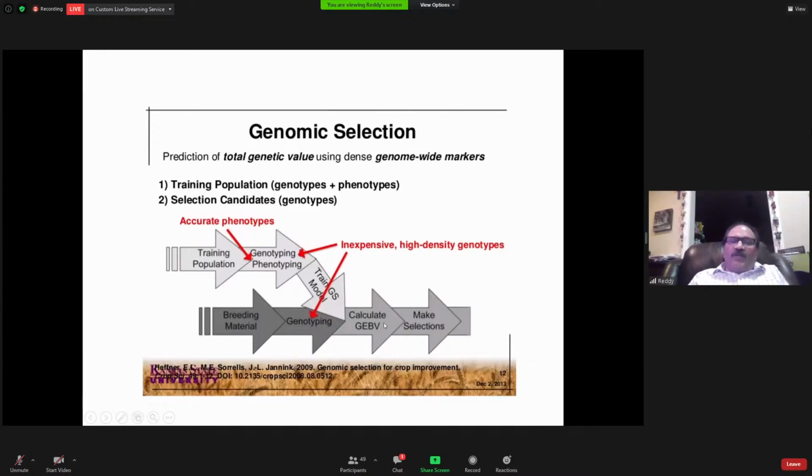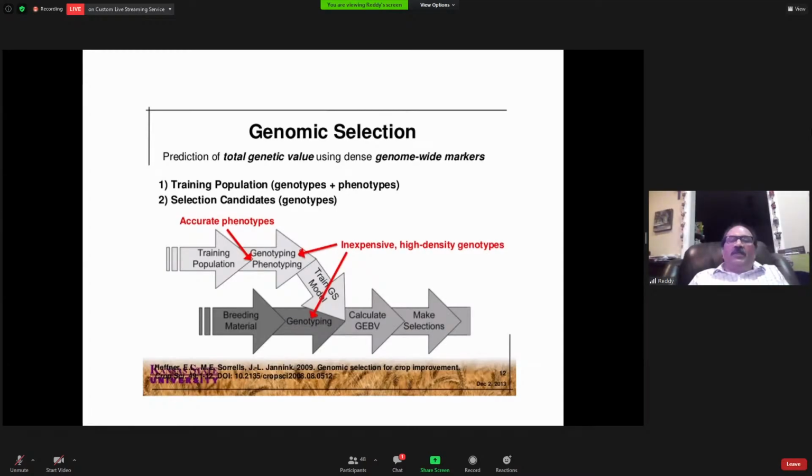So now we can make direct selections based on the favorable alleles rather than the phenotypes. This will reduce the time for breeding, and it is also much cheaper.